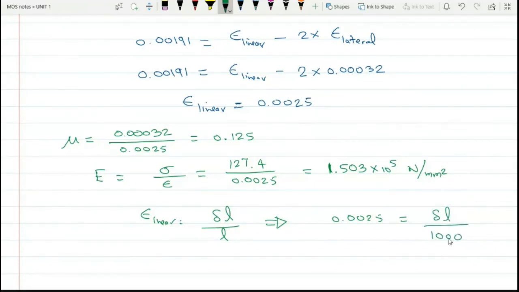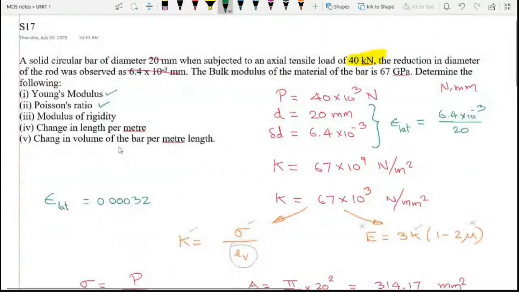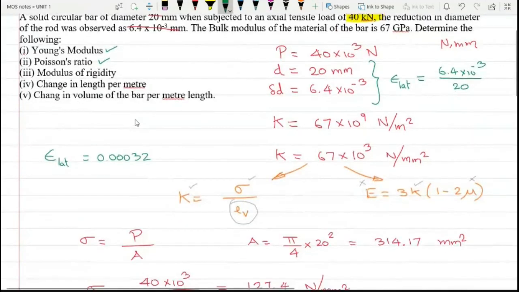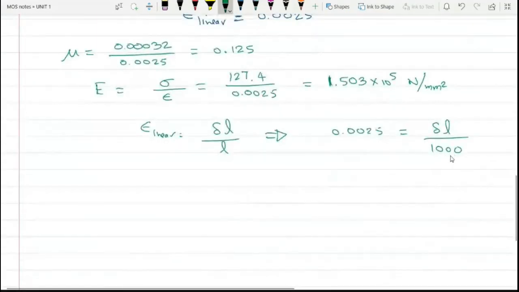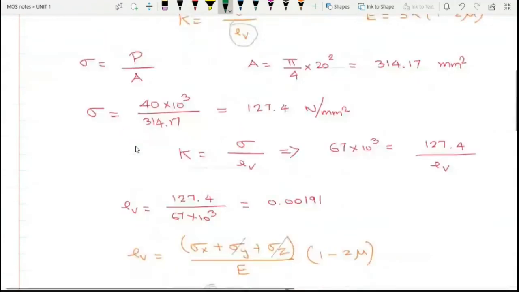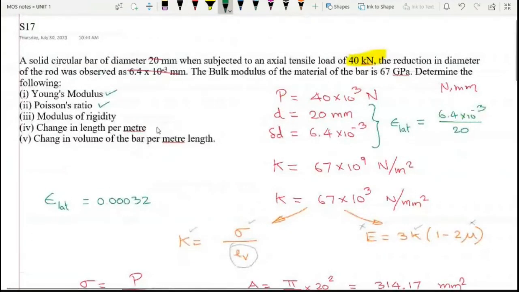I am putting 1000 because they are asking for change in length per meter. So 1 meter I am converting to mm, which is 1000. So del L will be 2.5 mm. So this is also over.